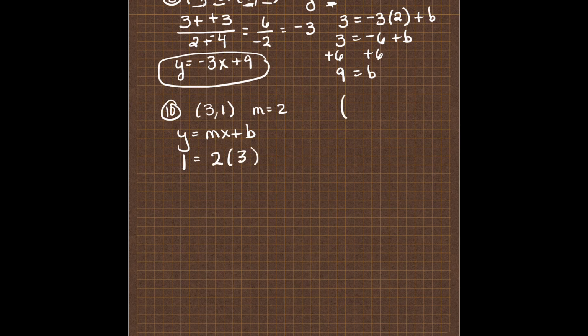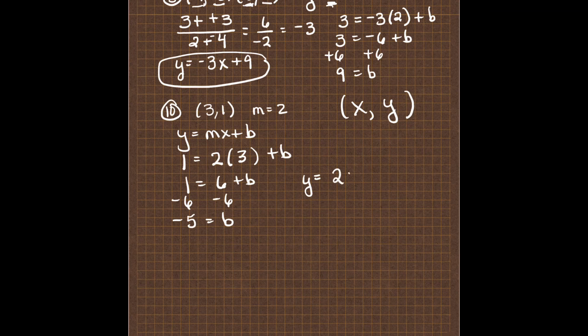Don't forget, it always goes in this order, x and then y plus b. 1 equals 6 plus b, minus 6 to get negative 5 equals b. I can write my equation. Y equals a negative, nope, that wasn't negative, that's just a 2. 2x minus 5. That's my equation.